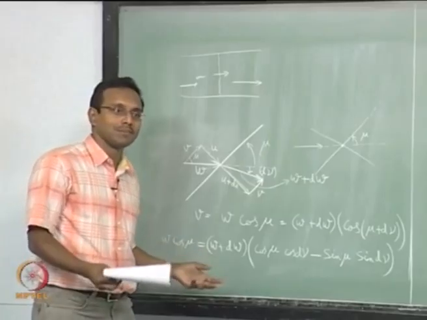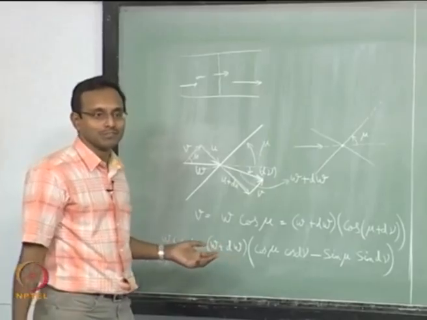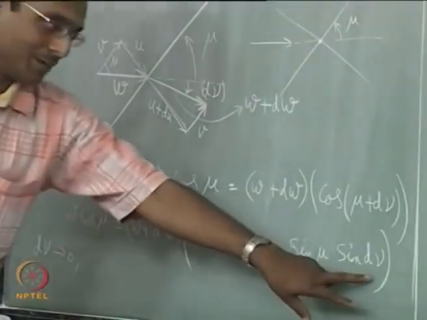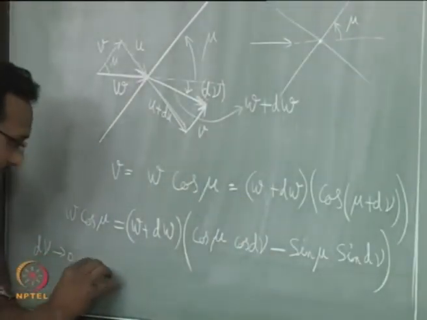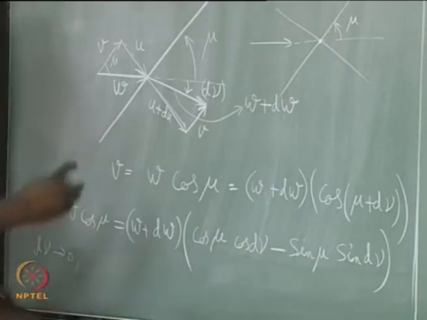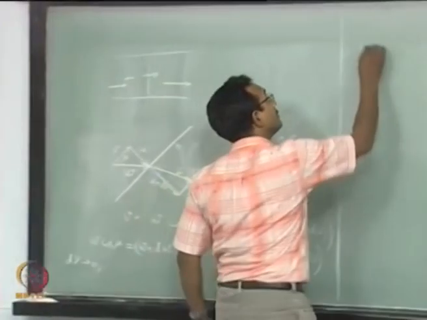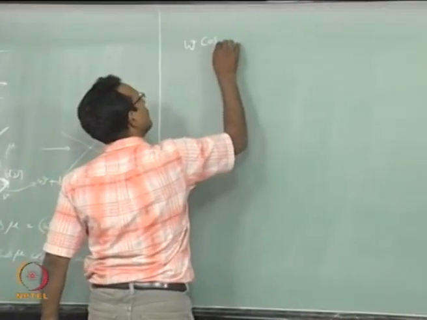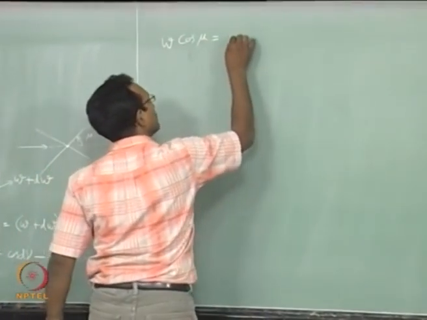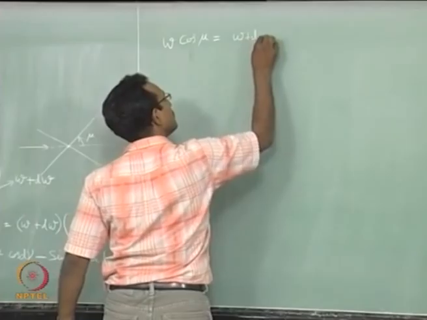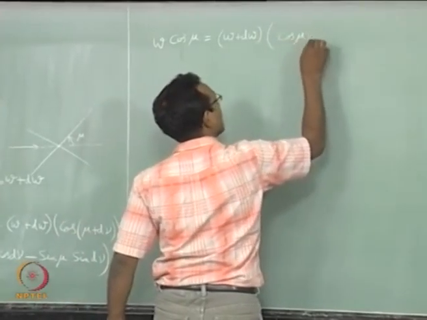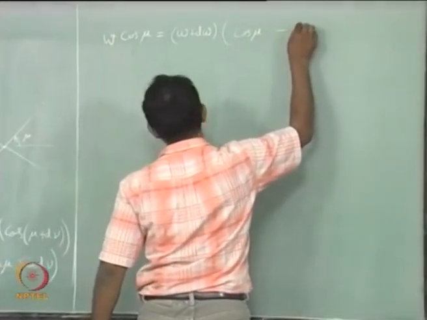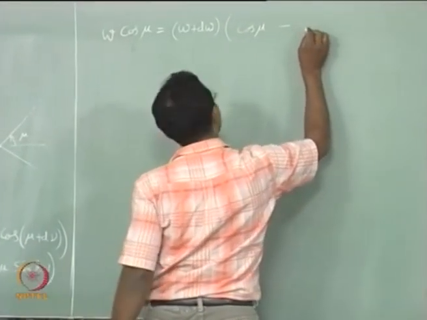That is just a no use solution, we do not want that. So, I want to keep that d nu in there. When I do that, I will write it fresh on the other side: W cos mu equals W plus dW times cos mu times 1 minus sin mu d nu.